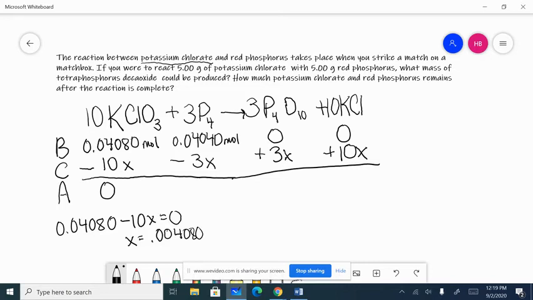So 0.04080 minus 10x equals 0. 0.04040 minus 3x. I'm going to write that down for you so you don't get confused.